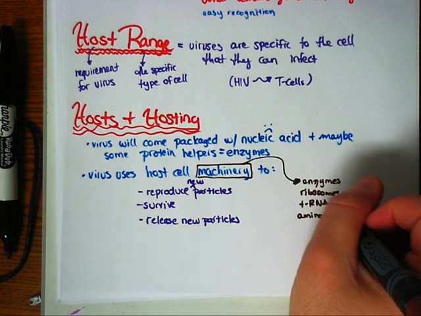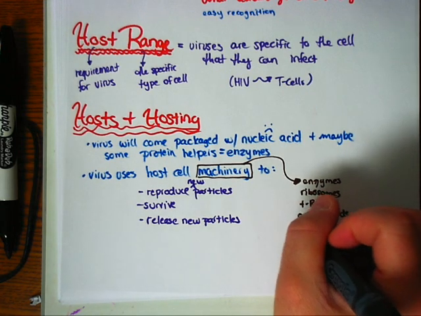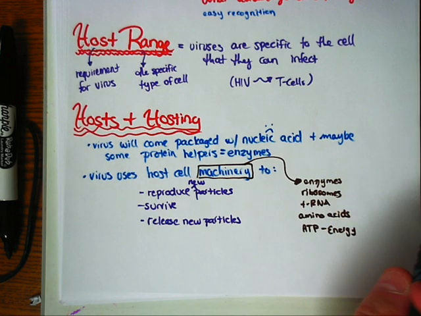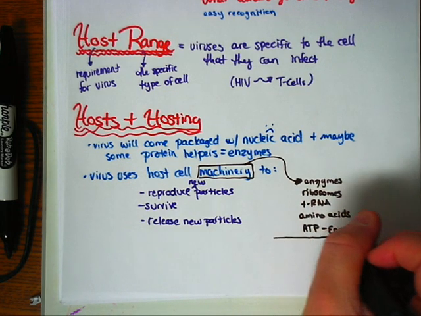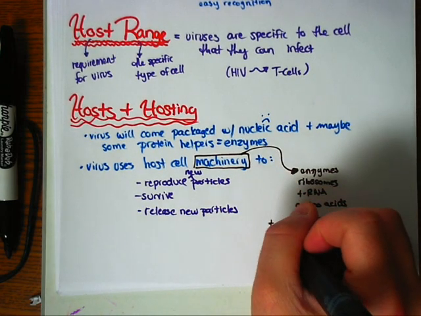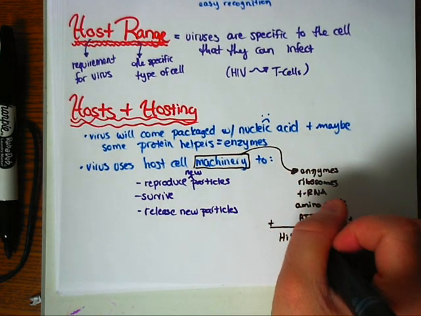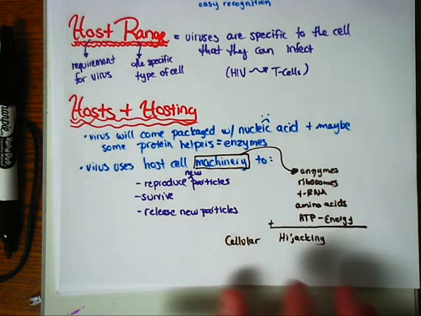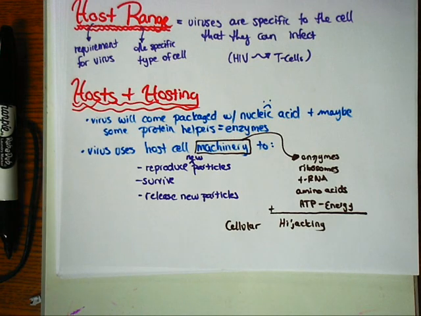You're getting a lot of protein synthesis right through here. Any free energy, ATP is the most global example of that. These are the requirements for cellular hijacking. Instead of carjacking, it's cell jacking.